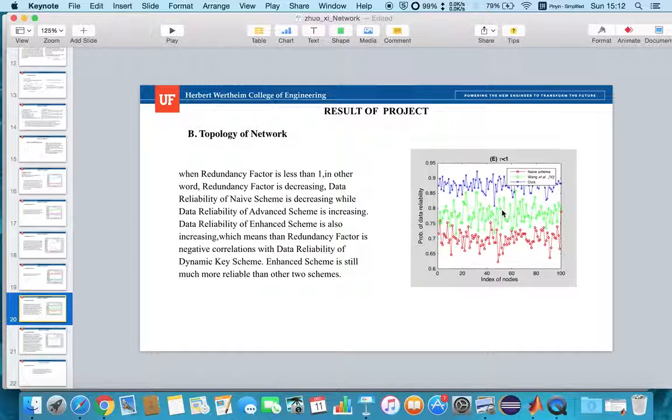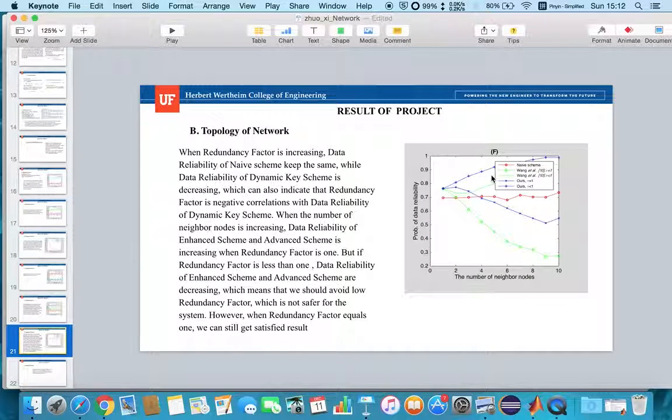You can see here the red one is decreasing, while the data reliability of the advanced scheme is increasing, and the data reliability of the enhanced scheme is also increasing, which means the redundancy factor is negatively correlated with the data reliability of the dynamic key scheme. The enhanced scheme is still much more reliable than the other schemes. So you can see that the blue one is the enhanced scheme, and it's much more reliable than the other two schemes.